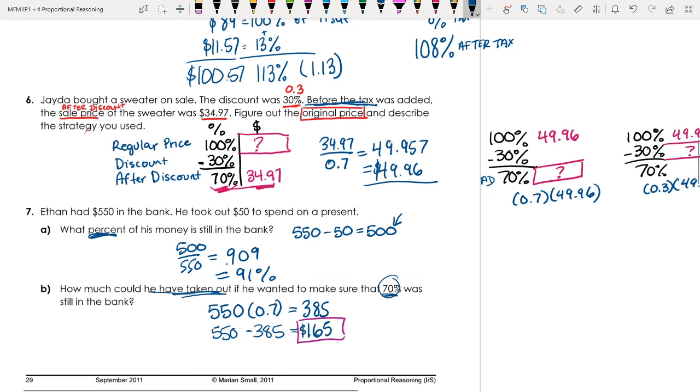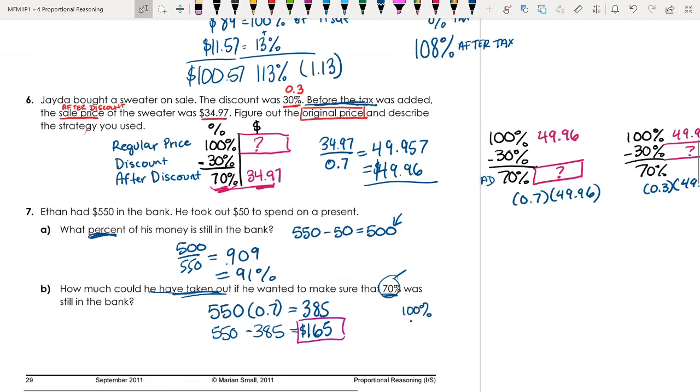Now, the other method that you could have used is to have calculated the 30% right away. When you think of it, how much he originally had, the 550, is 100%, so I'll do this little grid again.